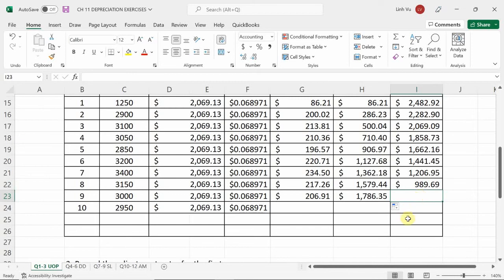Bringing your book value to be $782.87. Good.